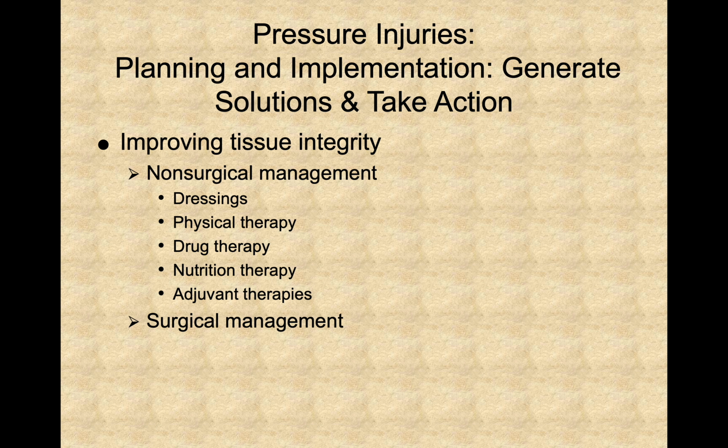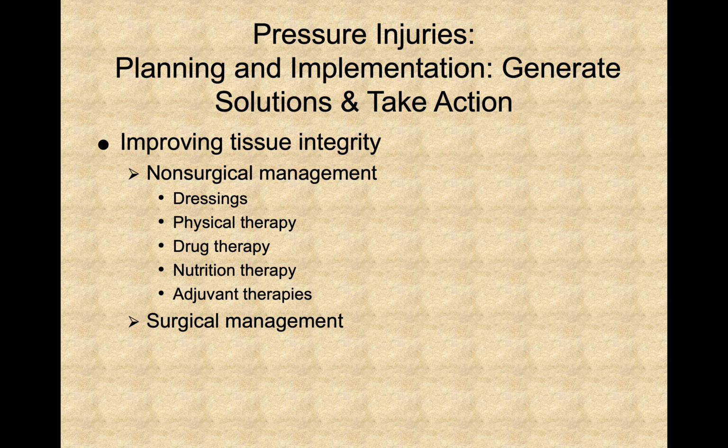We do have to be careful with those types of debridement therapies like enzymatic debridement or mechanical debridement, simply because we may not pull out only non-viable tissue. Sometimes we can also damage good healthy tissue, so you have to be careful with that. Other times we might require surgical management of a wound.